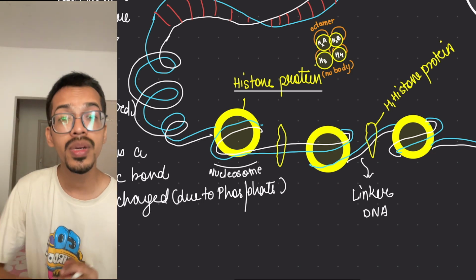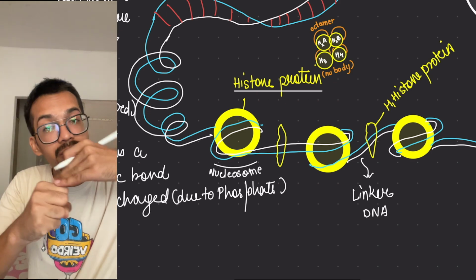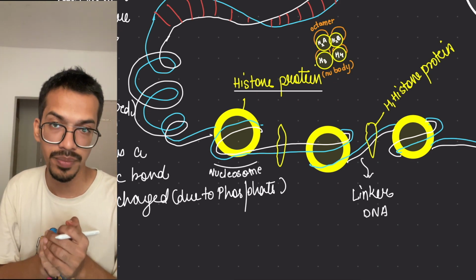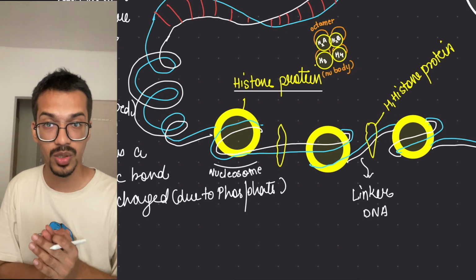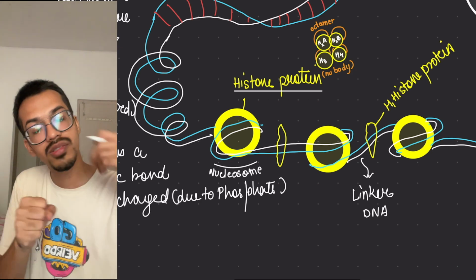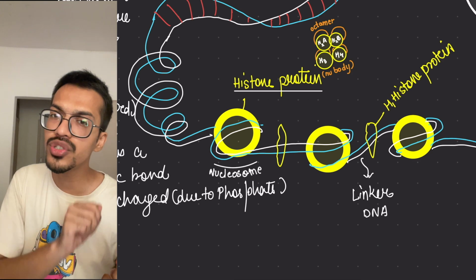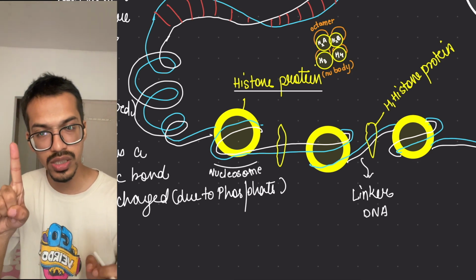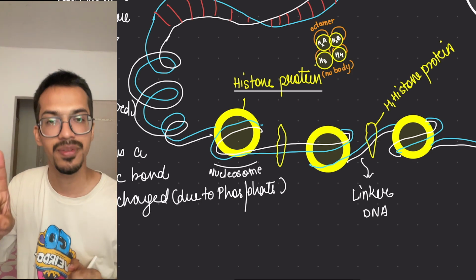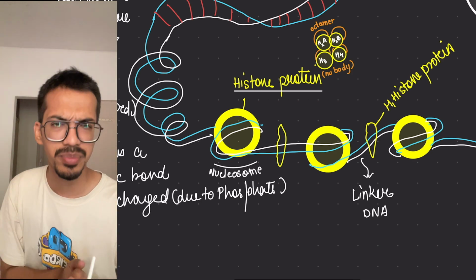What is a nucleosome? DNA wrapped around the histone protein. How much wrapping is there? 200 base pairs are wrapped around it, which takes how many turns? 1 3/4, means one full turn and the other will be 75%. Somewhere it is 65% also.